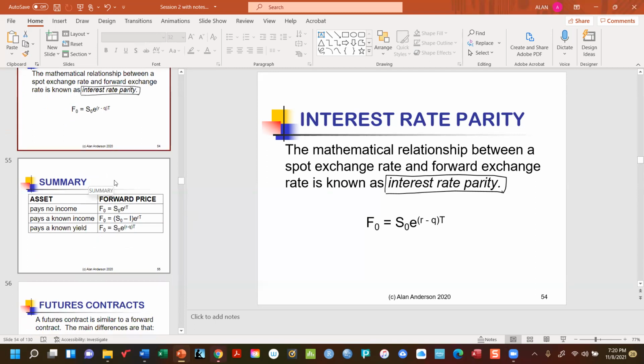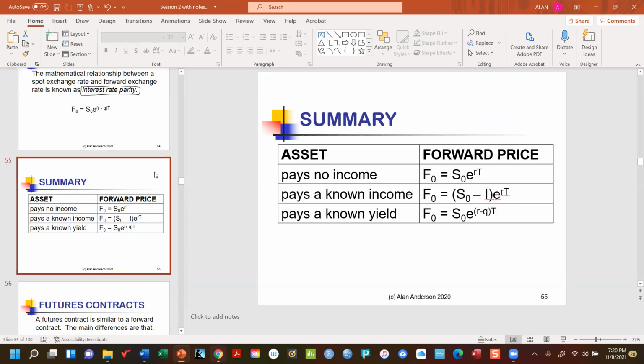All right, so now I've got a nice little chart here that helps us summarize how forward prices are determined depending on what the asset does, whether it pays income or no income. So let me show it to you real fast. No income is the first one we started out with.